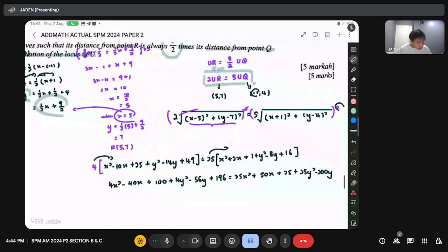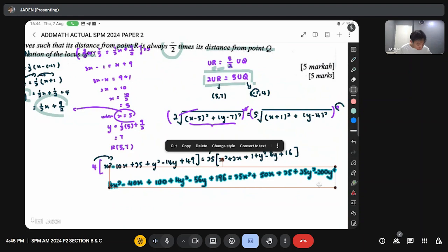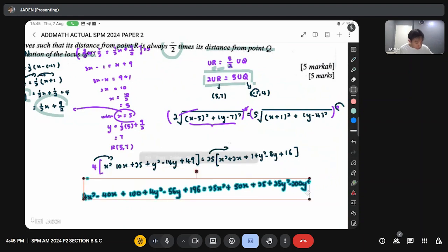And lastly, 25 times 16 is 400. Oh my god, the equation is so long. Okay, this is plus 400.